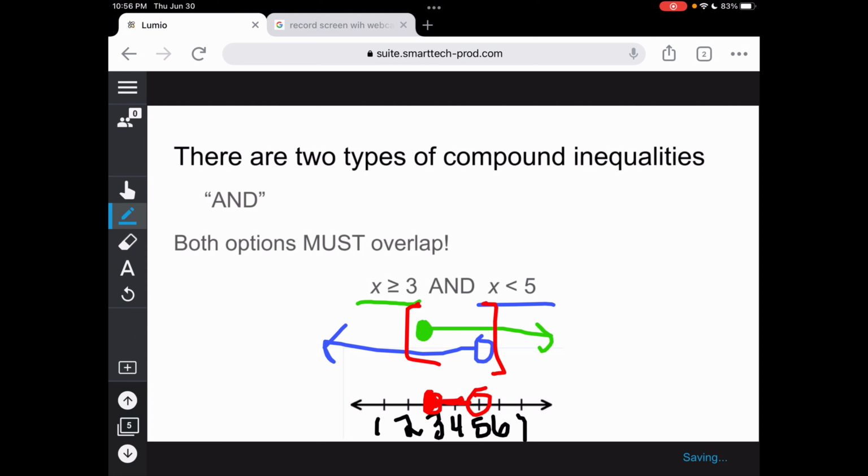So a number that's bigger than or equal to 3, but is also smaller than 5 is like 4 or 3.5. And if you're like, but what about 6? 6 is bigger than 3. Yeah, but it's not also less than 5. So with the ands, I care about things that qualify for both, which means my graph has to reflect that.